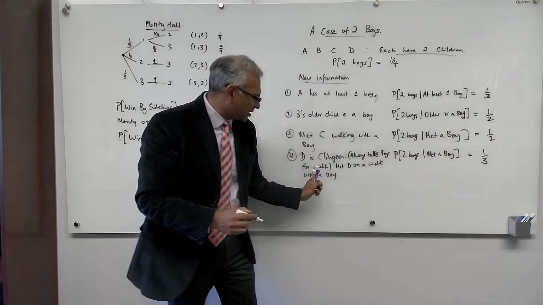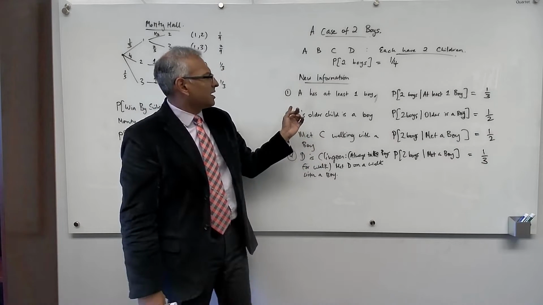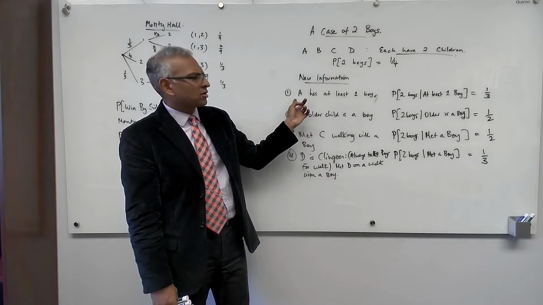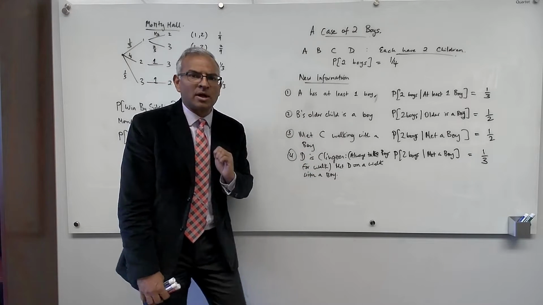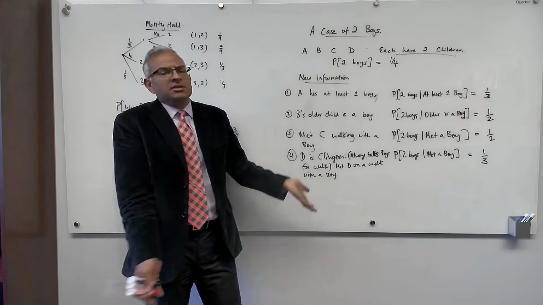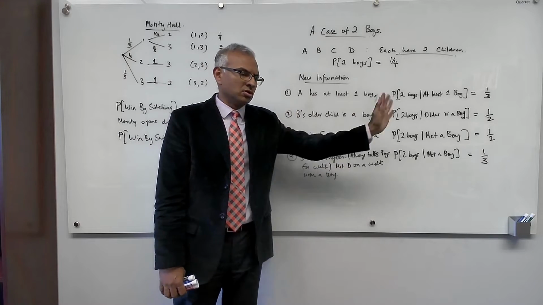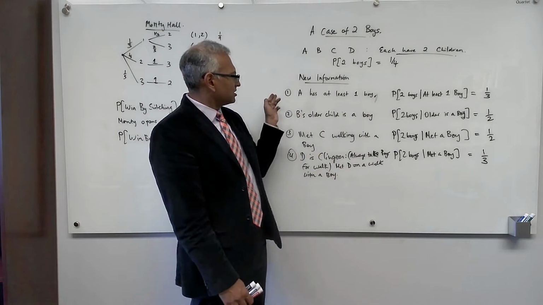So this scenario where D always takes boys for a walk is exactly the same as the scenario where I tell you that D has at least 1 boy. Because if you meet a boy on a walk with D, all you can conclude is that D has at least 1 boy. Because you know that whenever D has a boy, D will take the boy on a walk. So this and this scenario are the same.